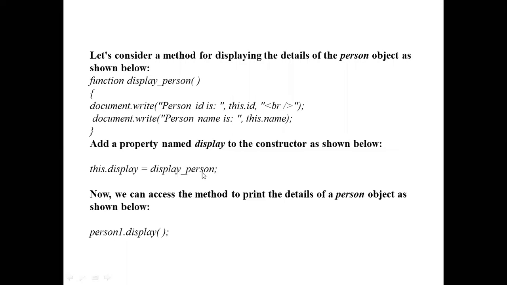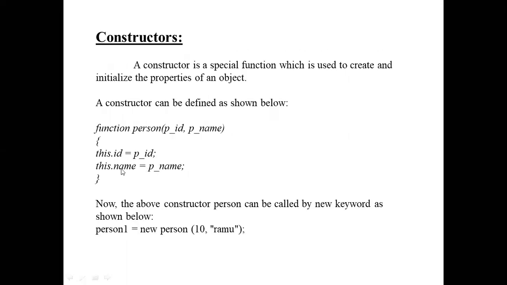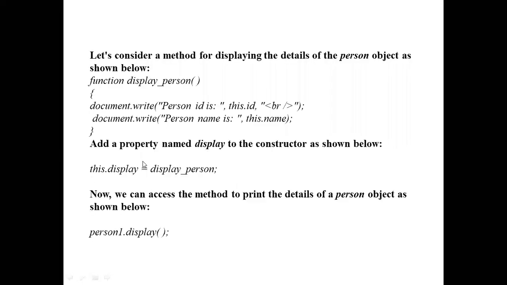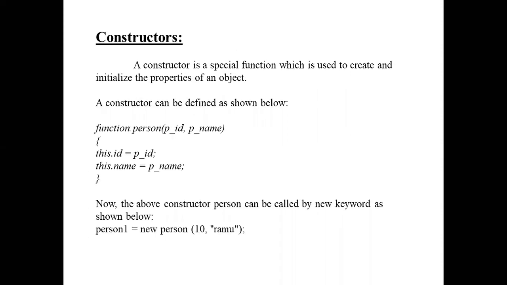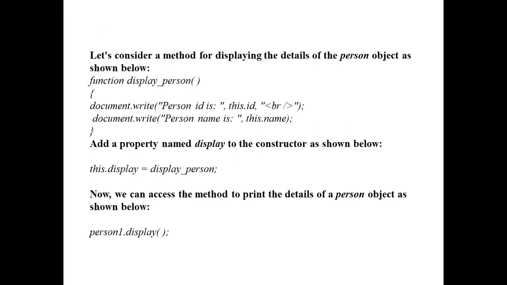Here this.id and this.name are the properties, and this.display is the method. So there are properties of the object and methods of the object. We reference and initialize the properties of the object in the constructor, and with this.display equal to display_person, we initialize the methods of the object.